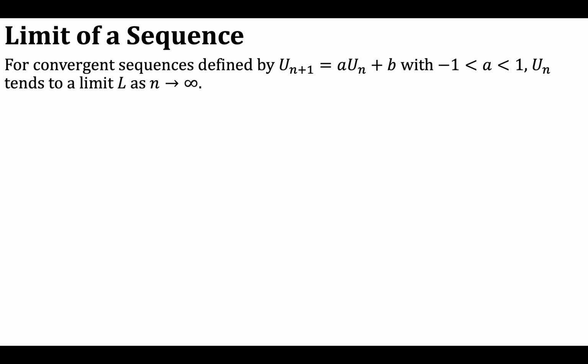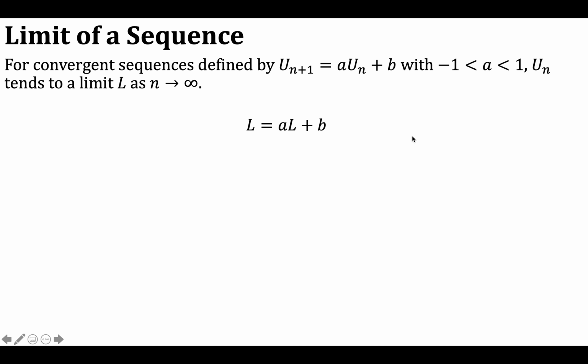So those all became essentially the same value. If we assign that to be L, then L = aL + b. So we're saying that's the limit it's converging to, so all of those terms become the limit.